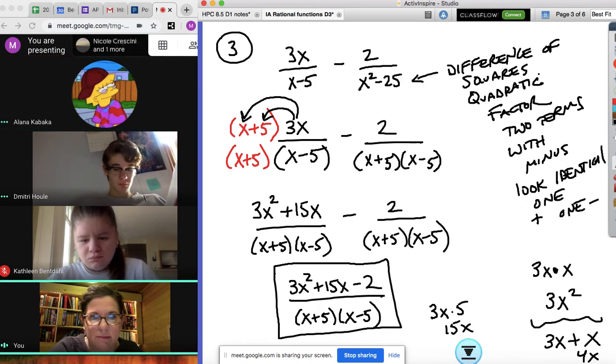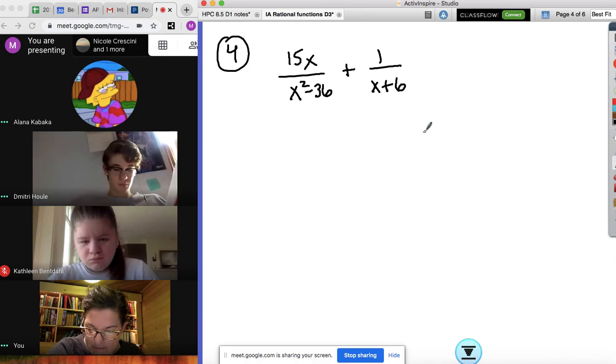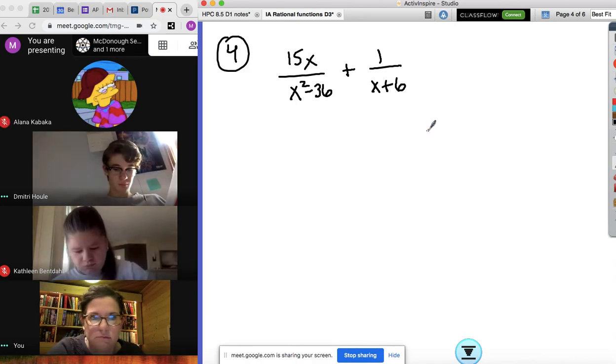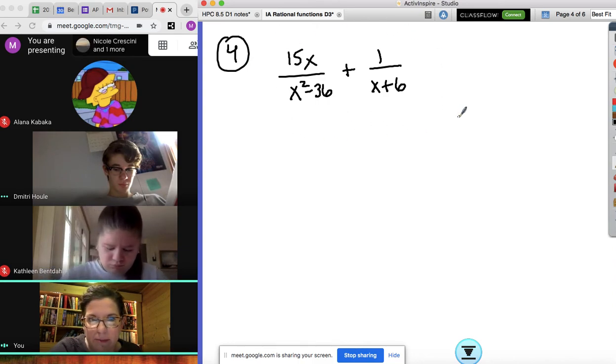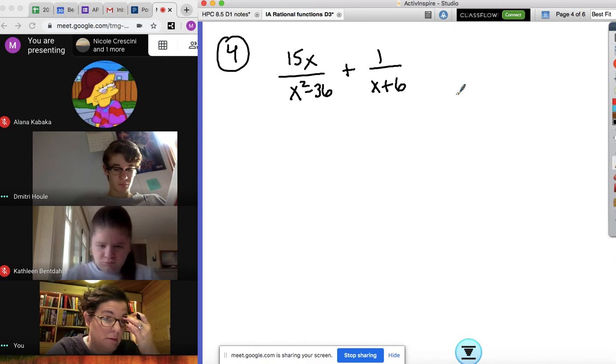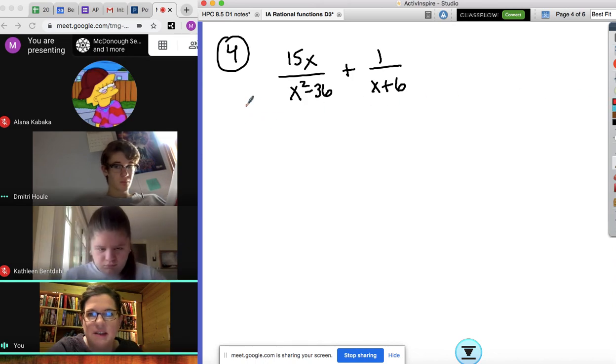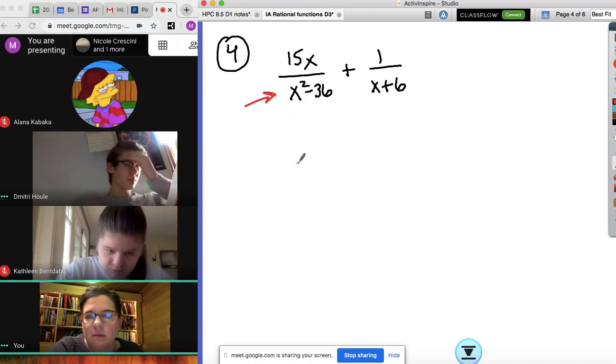Okay, here's another one. I got 6 examples, so we're on number 4. So this one is very similar to the last problem. So this denominator right here, you see how you got a term that's being squared?